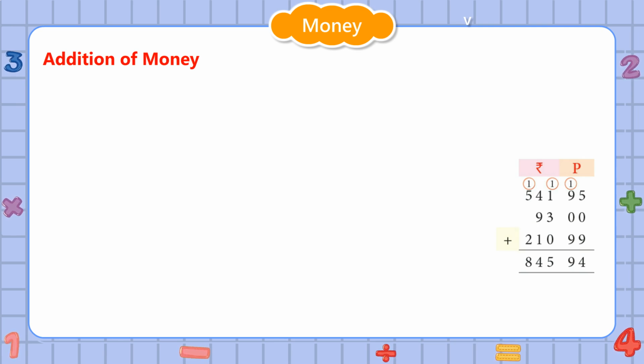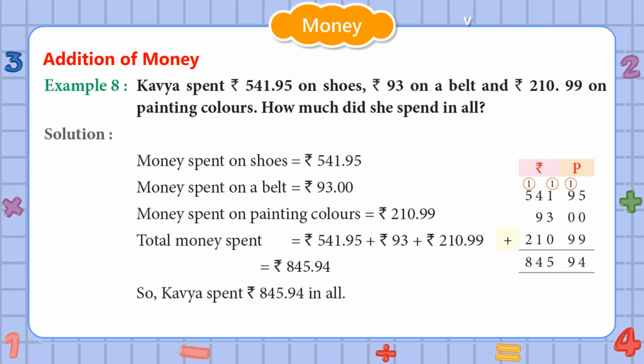Total money spent is equal to ₹541.95 plus ₹93 plus ₹210.99. It is equal to ₹845.94. So, Kavya spent ₹845.94 in all.